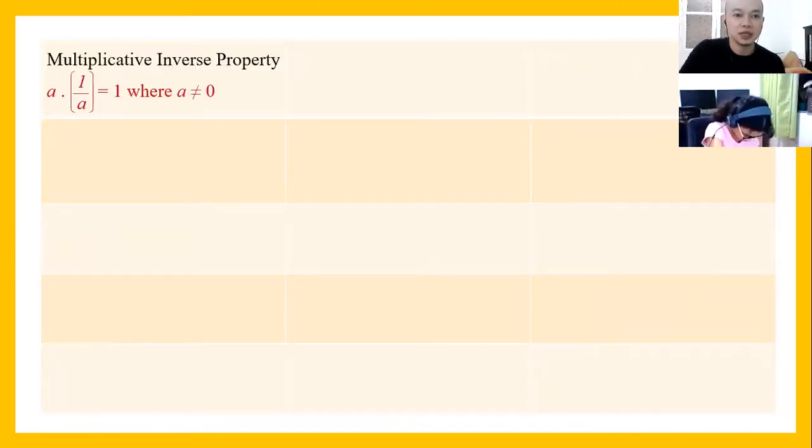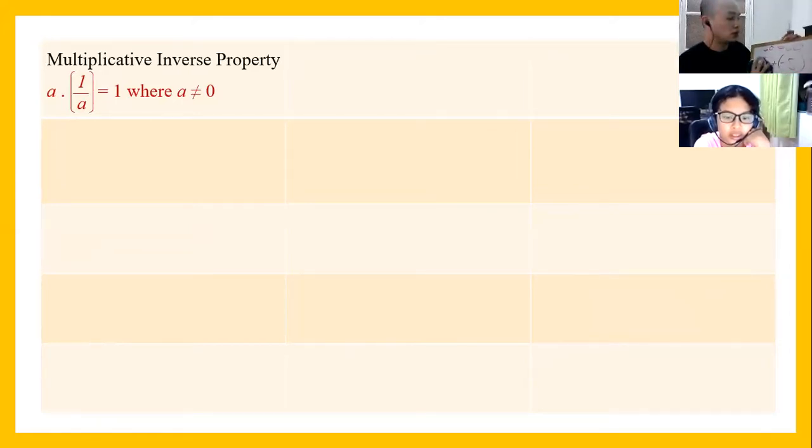Okay, what does it mean here? Can you read, Kristel? Multiplicative inverse property. A times 1 over A equals 1, where A is not equal to 0.